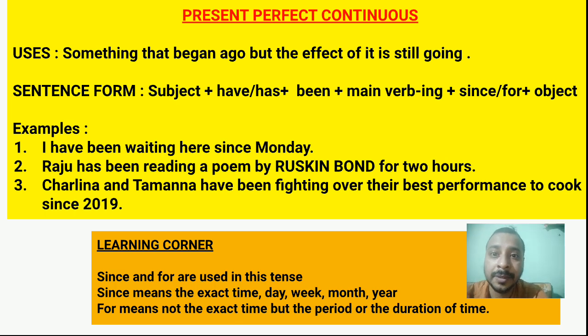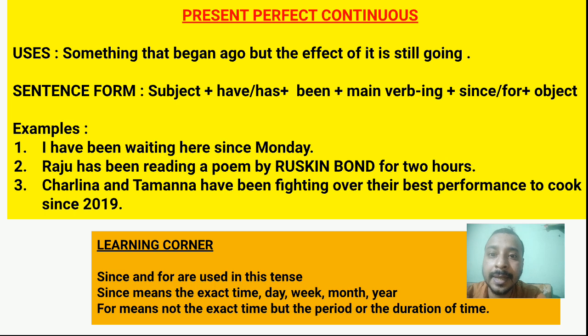Since and for, I told you where since and for are used. So since means the exact point of time. For example, since 7 p.m., since 8 a.m., since Monday, since January, since 2010. This is an exact point. But for means not the exact point, but the duration, like 2 hours, 3 hours, 2 days, 3 days.